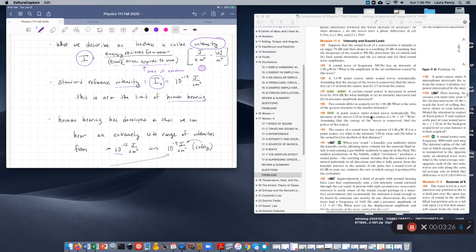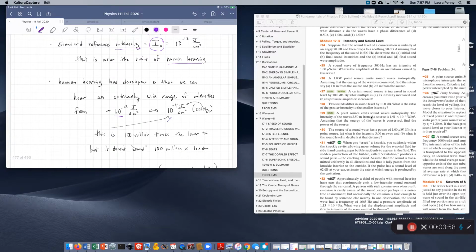The human eardrum is not anywhere near a square meter, so we're really detecting tiny amounts of energy in these sound waves. Then we can go all the way up to 10 to the negative 4 joules per second per meter squared, safely. You can hear louder noises than that, obviously, but it's not safe for your eardrum, at least not continuously.